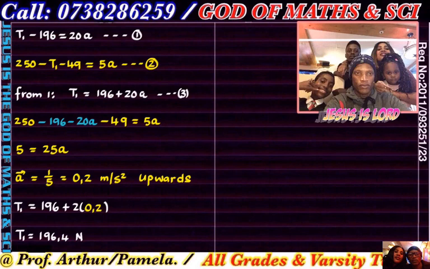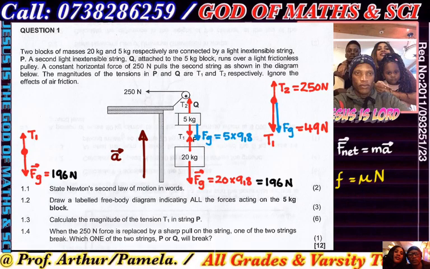All right. So now let's read the questions. The question says draw a labelled free body diagram indicating all the forces acting on the 5 kg block. The idea is to do it for all the blocks. Don't wait for them to tell you to do it for the 5 kg.